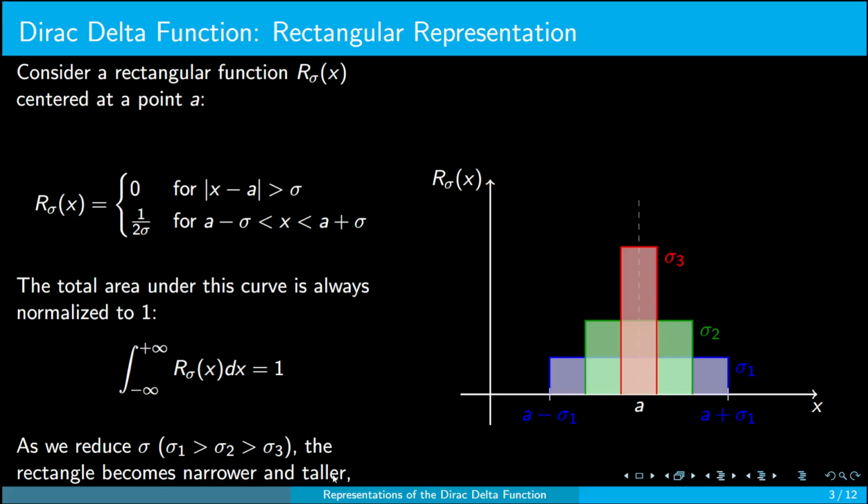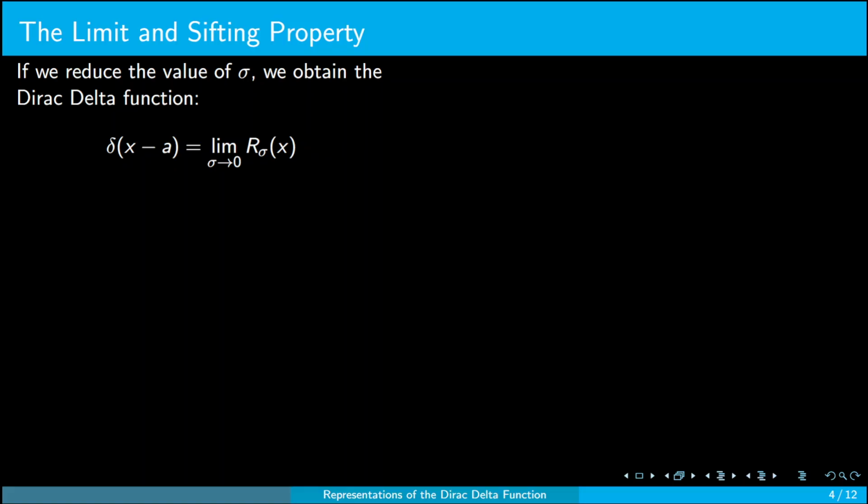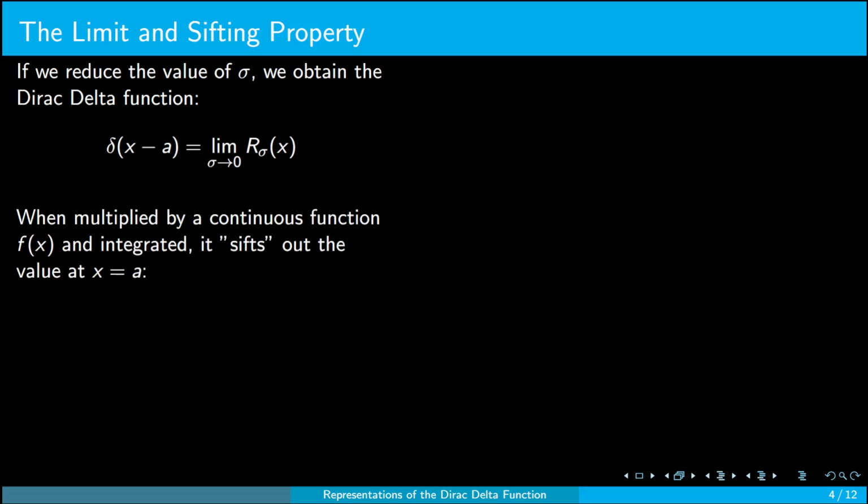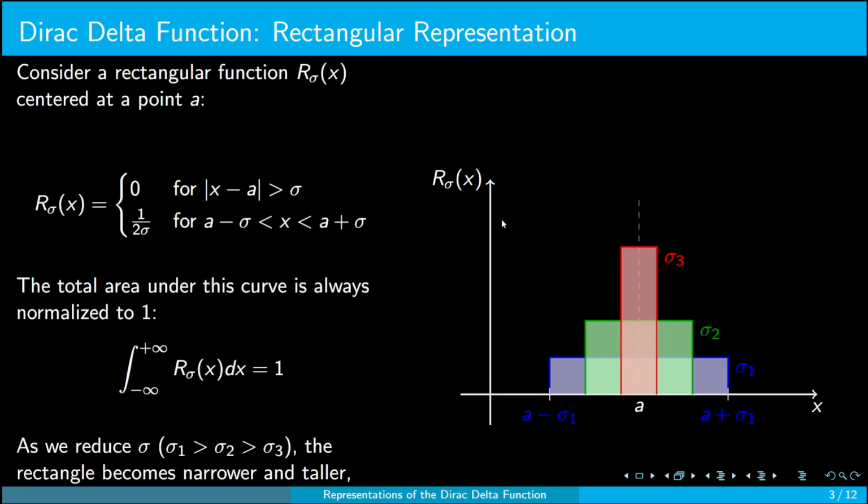So what if sigma tends to 0? If we reduce the value of sigma, we obtain a Dirac delta function. If sigma tends to 0 for r sigma x, we get delta x minus a. So we will get a sharp peak, a thin rectangular shape like a line, and its area will be 1.